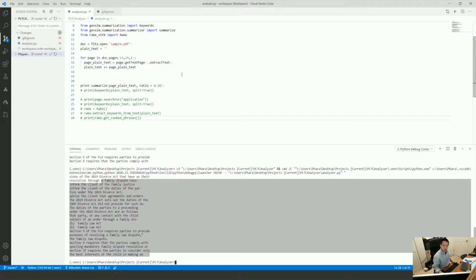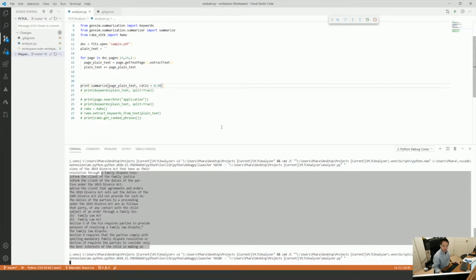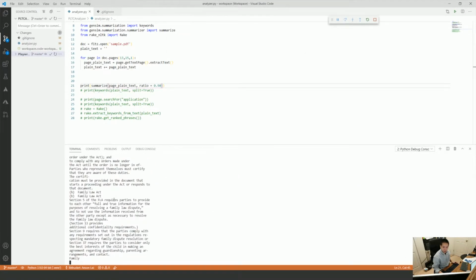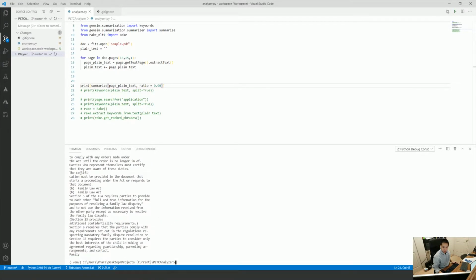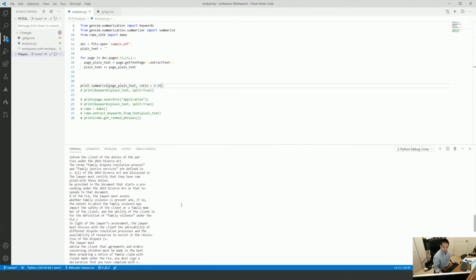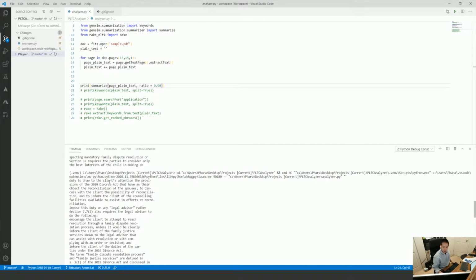But the reason why I was going with this in the first place is because I was thinking if I summarize it to, say, 90% of the text, we get most of the text here. A lot of it. It probably took out a lot of those and so on, but maybe if I summarize it and then ran the keywords, it might be able to pick up better sets of keywords.